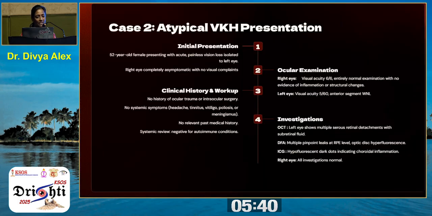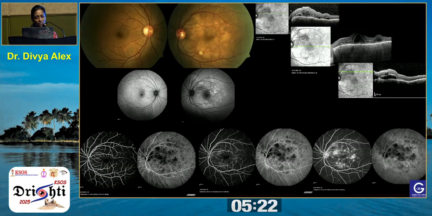So keeping this in mind, what if there is an atypical VKH presentation, presenting in a 52-year-old female, with acute painless vision loss isolated to the left eye. The right eye was completely asymptomatic with a visual acuity of 6/6, and the left eye had a visual acuity of 5/60. There was no significant medical history or past history pertaining to the disease.